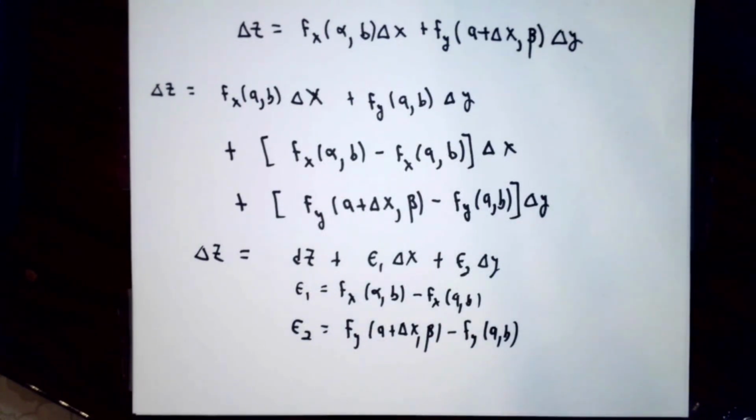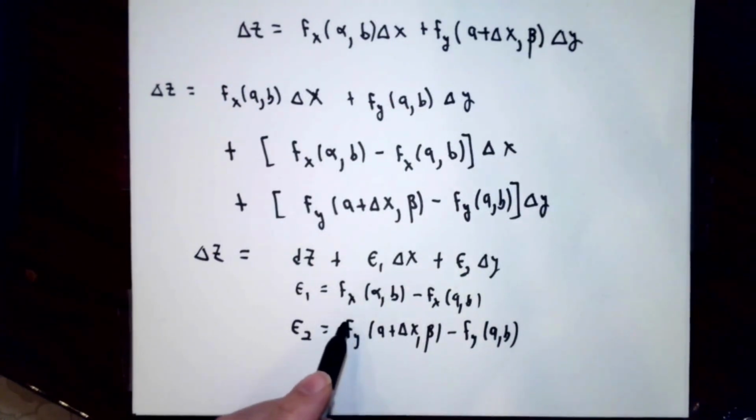This is the point at which the continuity of the partial derivatives comes into the picture. If I assume that both of these first-order partial derivatives are continuous, then as delta x and delta y tend to 0, alpha, which is between a and a plus delta x, must approach a.